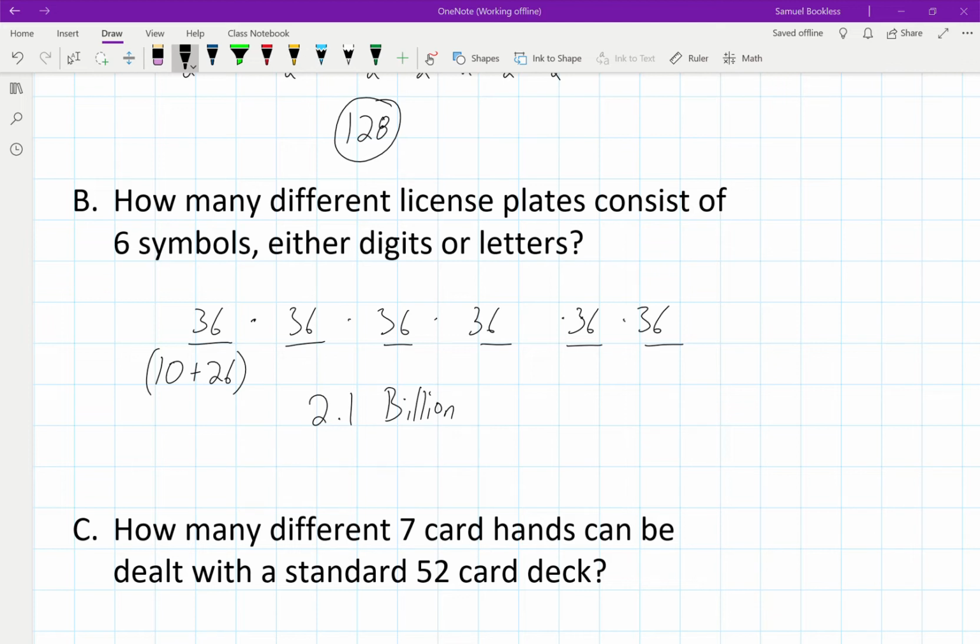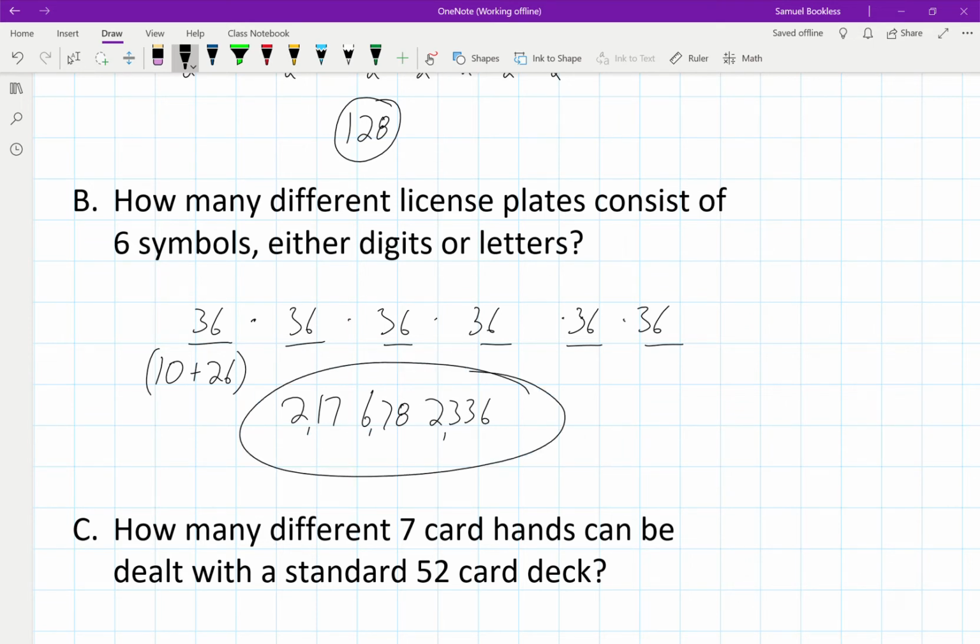Okay, I guess I can copy it all down. 2,176,782,336. That would be more exact. So I have over 2 billion different license plates that would consist of 6 symbols, either digits or letters.